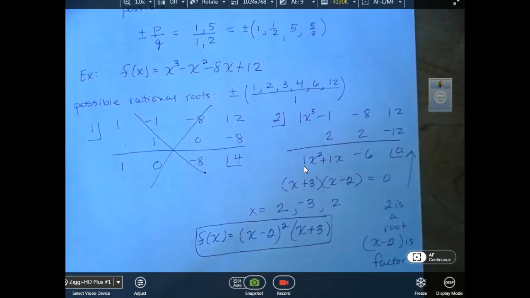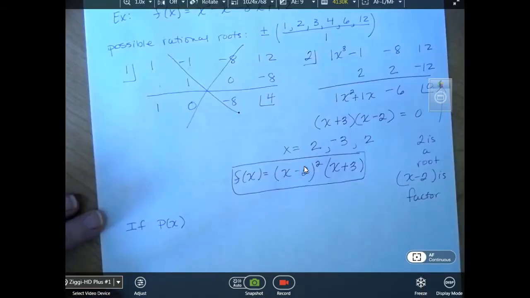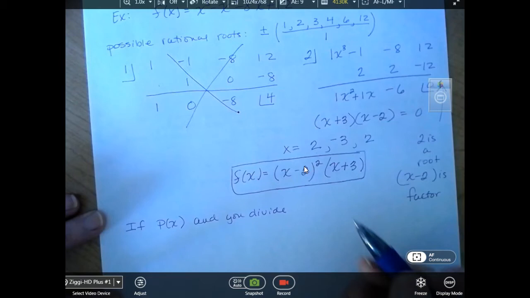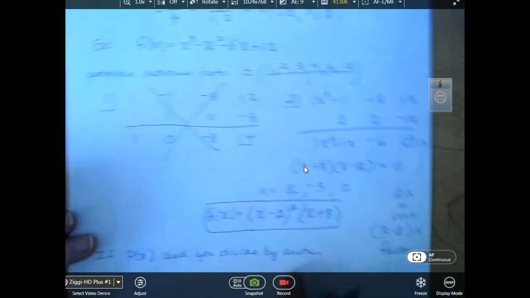So basically what I want to show you is if you have a polynomial and you divide by another polynomial. And when I say divide by another polynomial, remember that this 1 would have been dividing by like x minus 1. So that's when I say you're dividing by another polynomial.